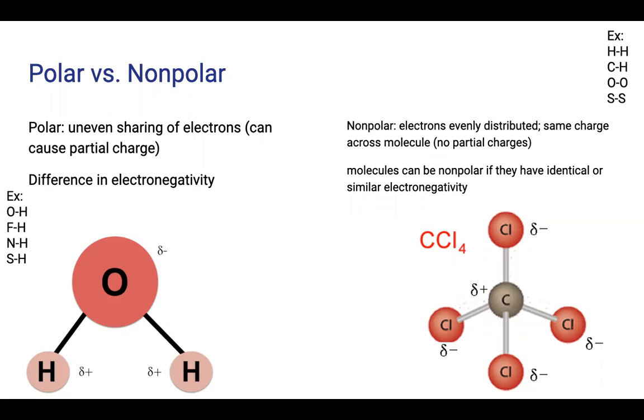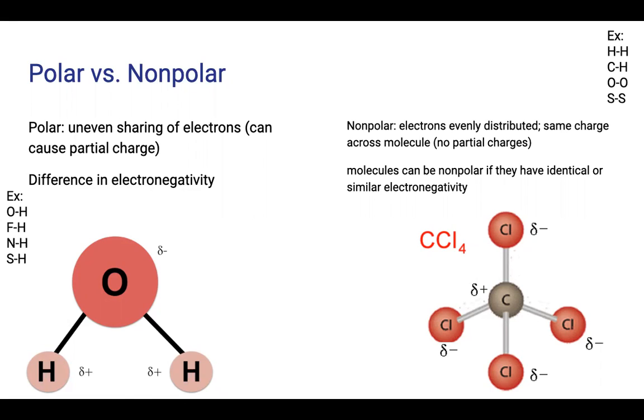Some examples would be oxygen, fluorine, nitrogen, and sulfur. Those tend to be more electronegative. They're in the top right corner of the periodic table. Electronegativity means they want to hog the electrons more to themselves, for simplistic sakes. That's why they would have a partial negative charge. They don't keep it all the time, but they want it most of the time.